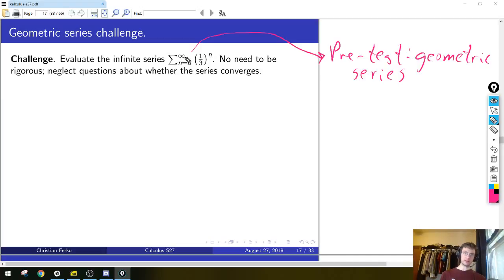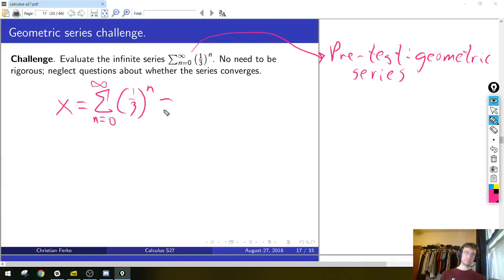So I'll start things off for you with a hint. The hint is to assign this expression to a variable x. So let's define a variable x, which is equal to the thing we're trying to calculate, and see if we can get an equation that relates x to itself, because we know how to solve equations; we're very good at algebra.